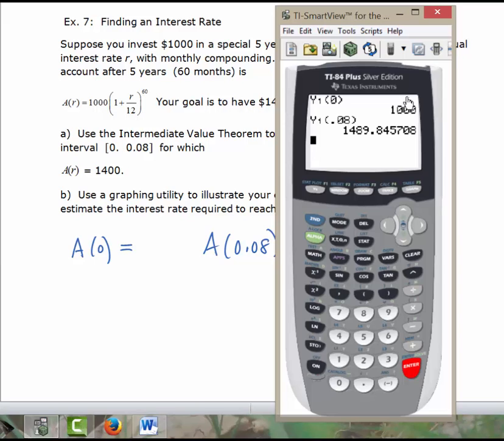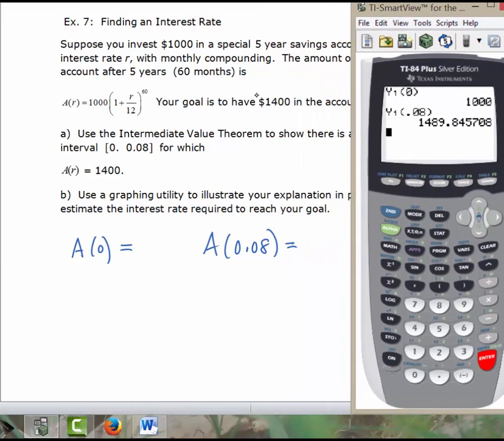So I can see that the y value that corresponds to 0 is 1,000. The y value that corresponds to 0.08 is 1489. And what I was looking for is to find out if my y value, and that y value is the 1,400. Since 1,400 falls between 1,000 and 1489, it means that there is some interest rate such that I could turn my $1,000 into $1,400 after 5 years.